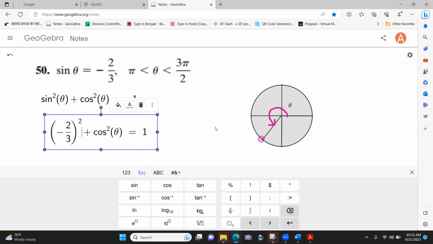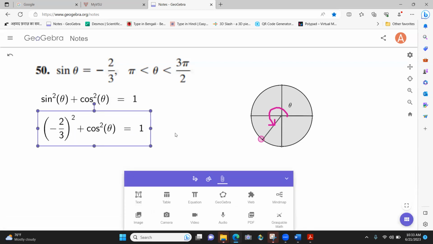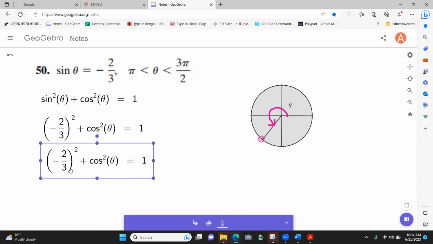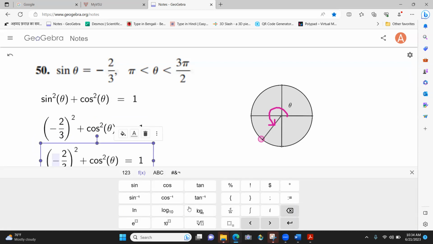All right. I have to solve for cosine theta. And negative 2/3, when you square a negative number, you can pretty much ignore the negative sign because negative times negative is positive, and this will be 4, and the bottom will be 9.